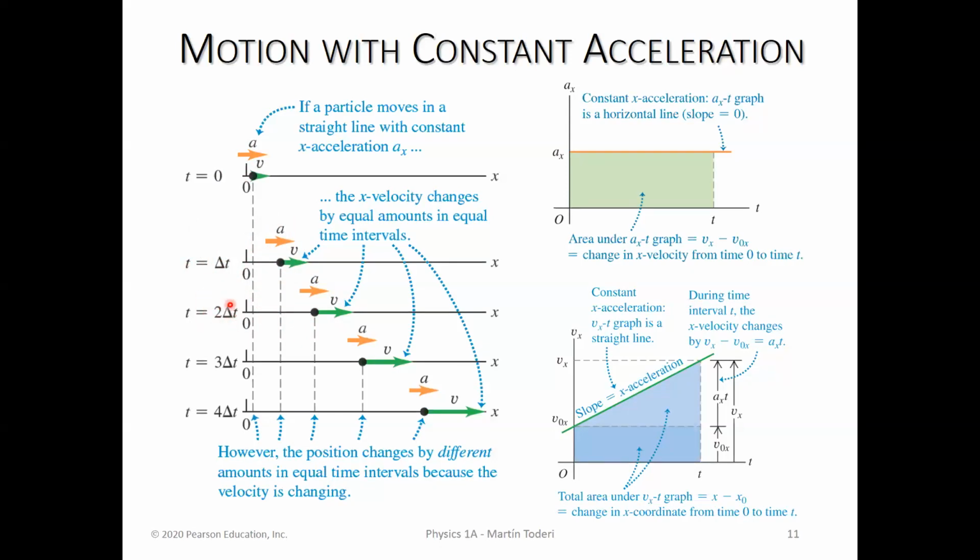It doesn't really matter if the time steps are equal, right? Because the acceleration is changing the velocity, and the velocity is changing instantly at every point in time, and it's changing the rate that the position changes at.